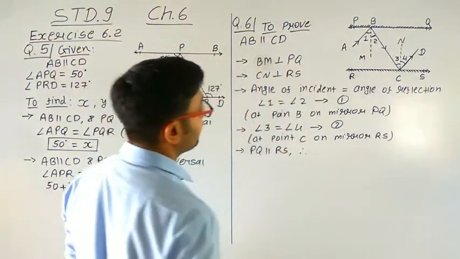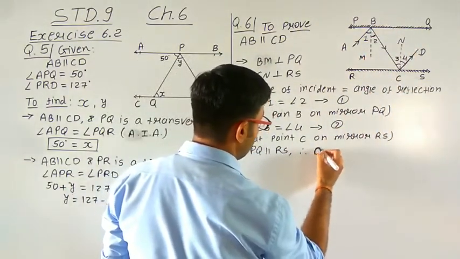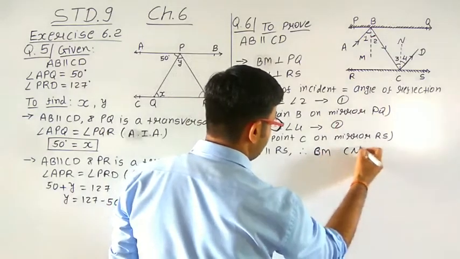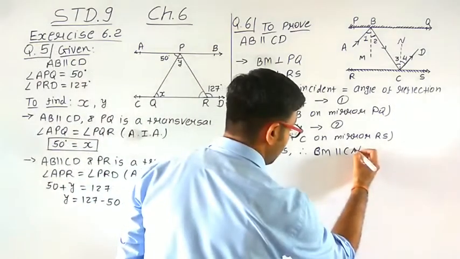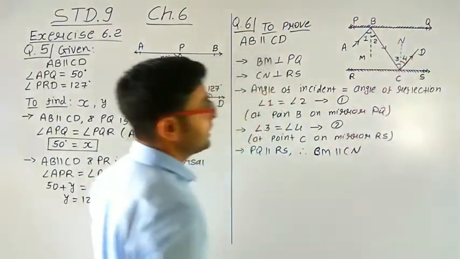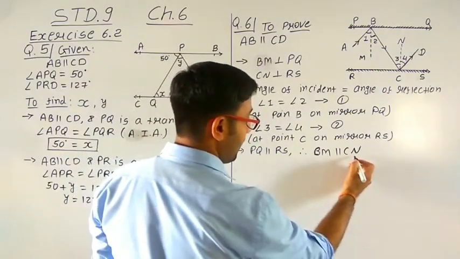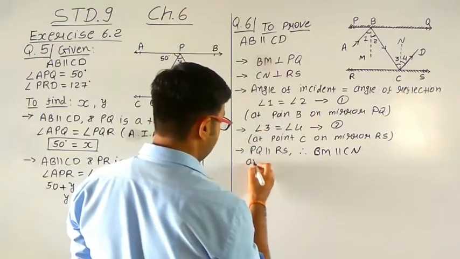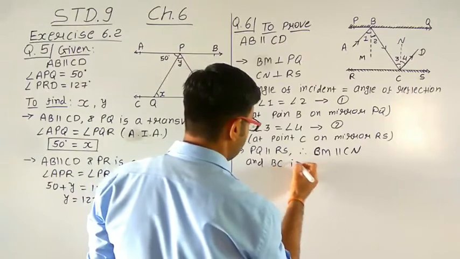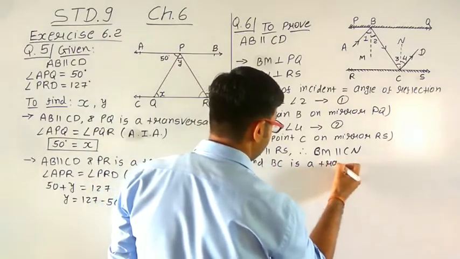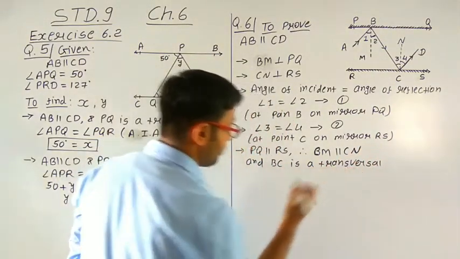Therefore, we can write that BM and CN are also parallel to each other. Now we can consider BC as a transversal.